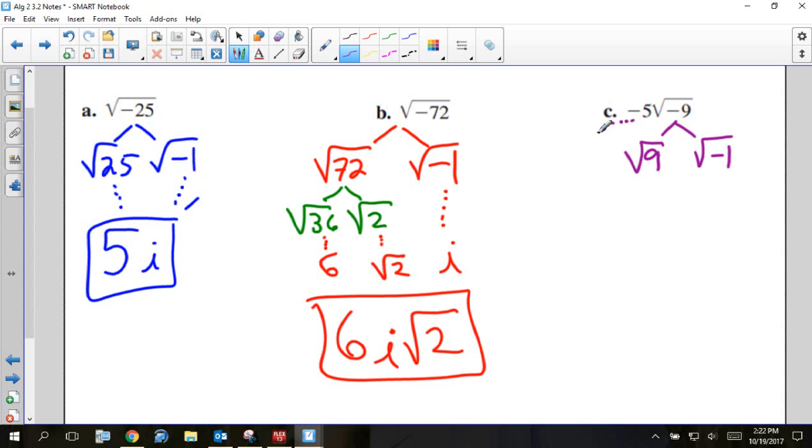Multiply. So I'm still multiplying it by whatever this becomes. It's still there. And then we say, well, what's the square root of 9? What times itself is 9? Great. We multiply that by -5, and the square root of -1 is i. So we have the answer -15i.